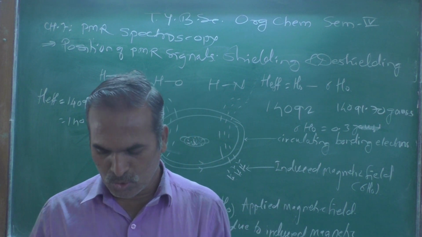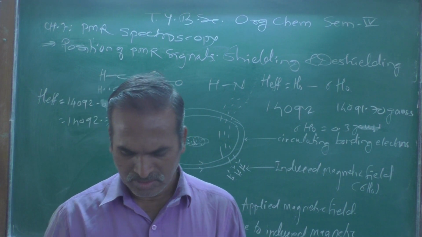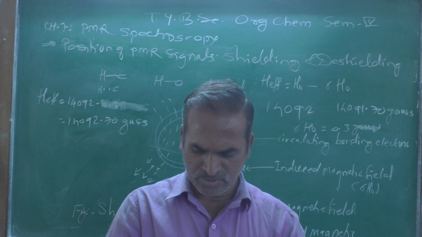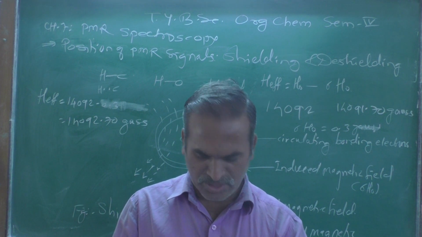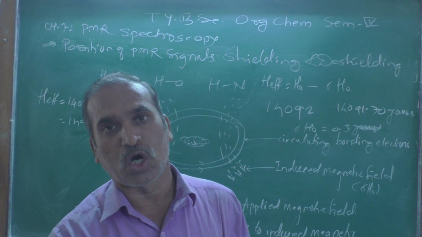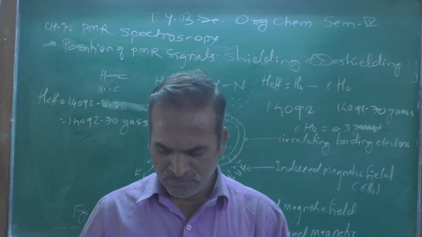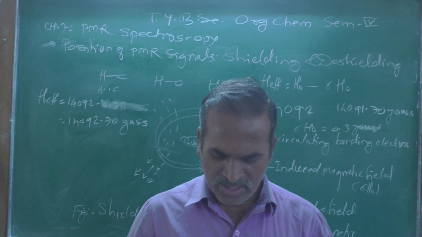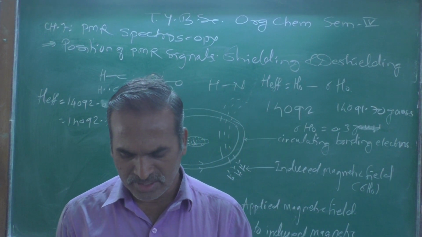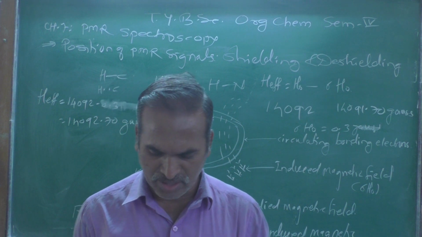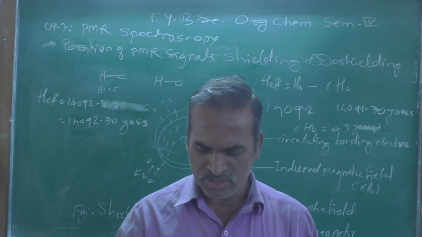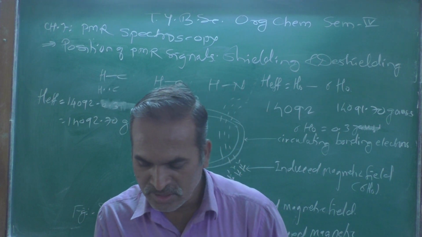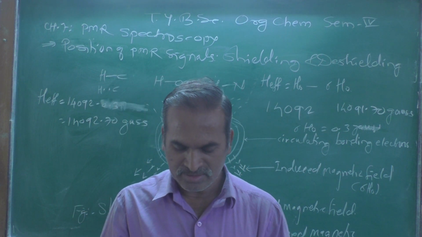That is, even though we apply a magnetic field of 14,092 Gauss, the field actually experienced by the nucleus is less than that, 14,091.70 Gauss, and excitation of the nucleus will not take place.